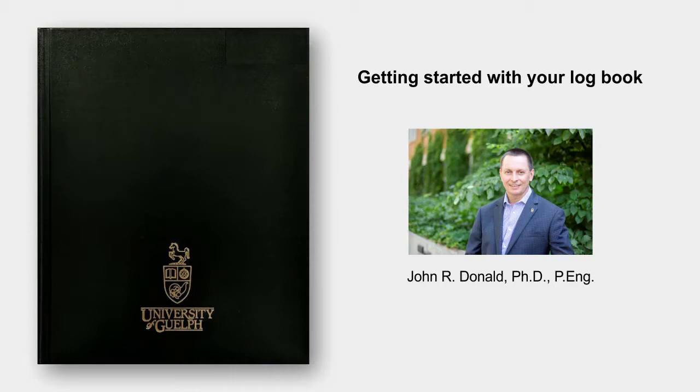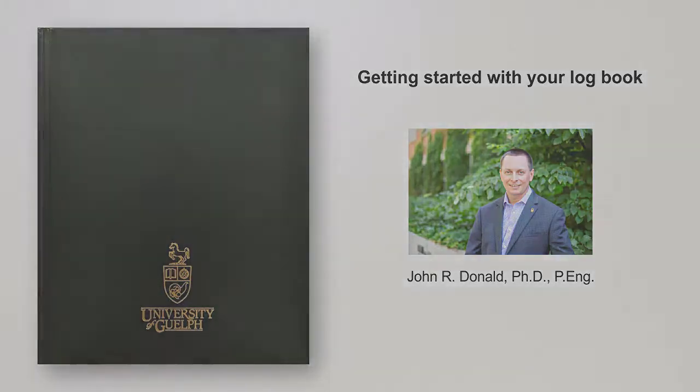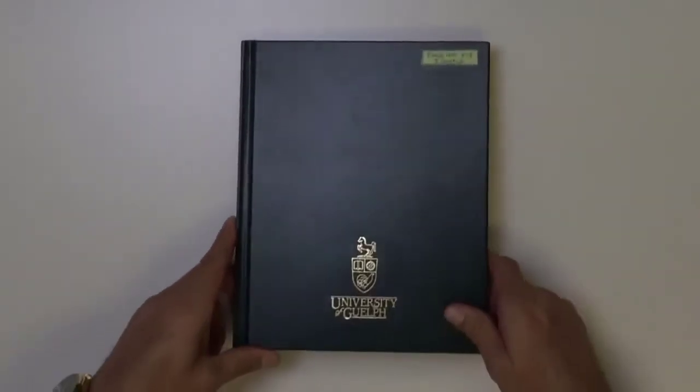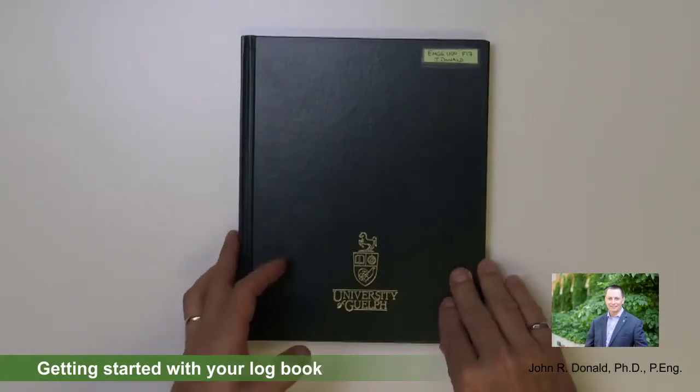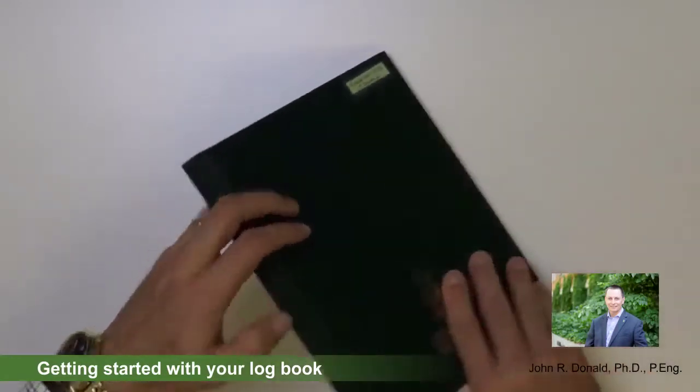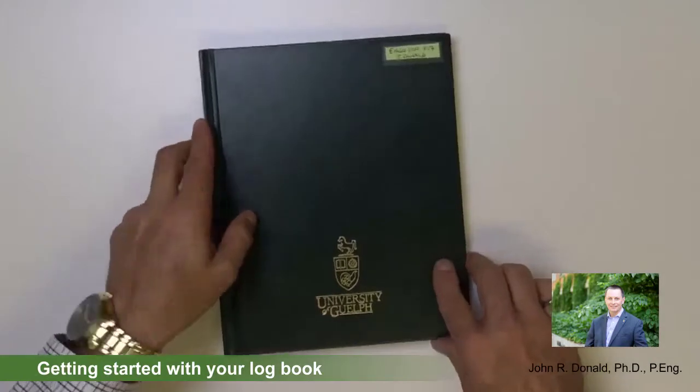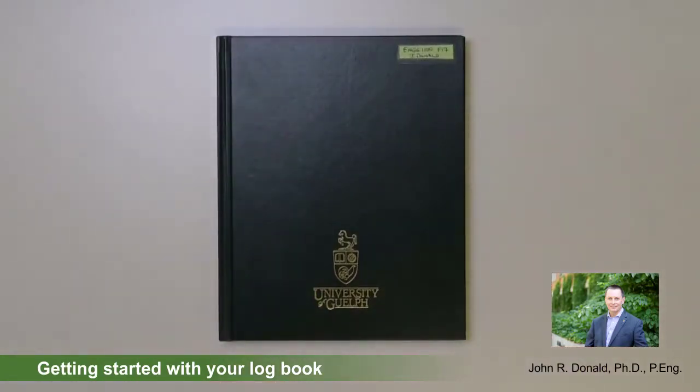First, we need a proper logbook. So what's a proper logbook? Well, it's basically a book that has a hard cover. So you can see this book has a hard cover, and it's also hard bound.